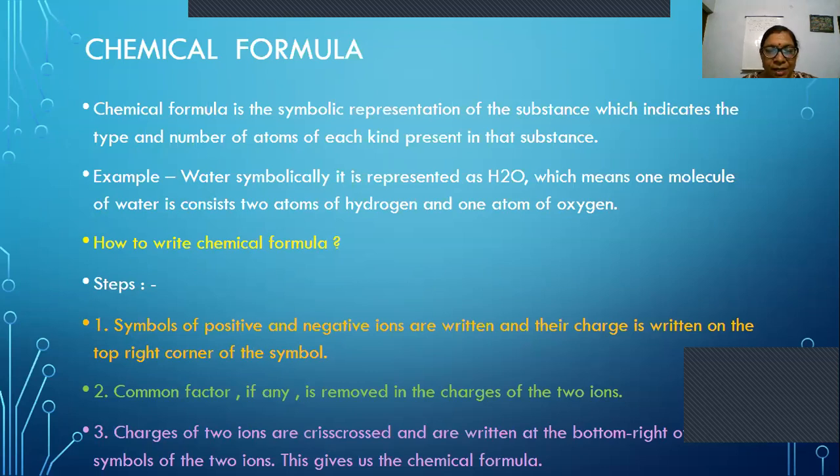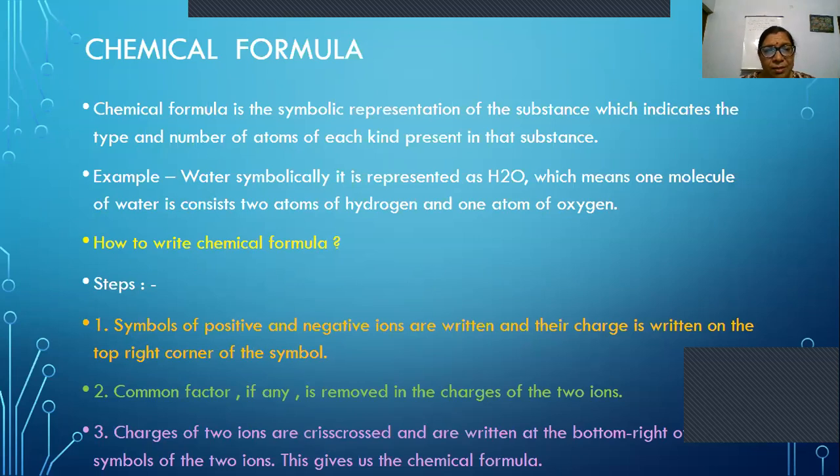Similarly, if you take another example like carbon dioxide, it is written as CO2 in symbolic form, which means carbon dioxide is made up of one atom of carbon and two atoms of oxygen.